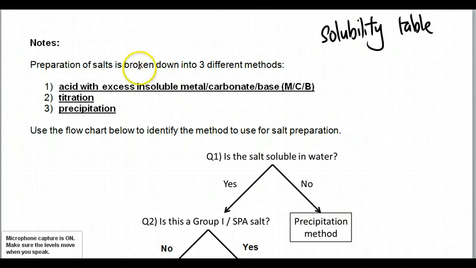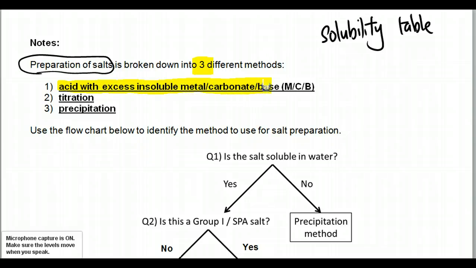Now, the preparation of salts, which is what we're going to do now, is broken down into three different methods. So take note, there are three different methods. What are they? First one is what we call the acid with excess insoluble MCB, metal, carbonate, or base.